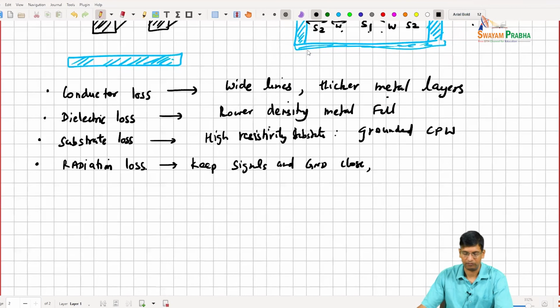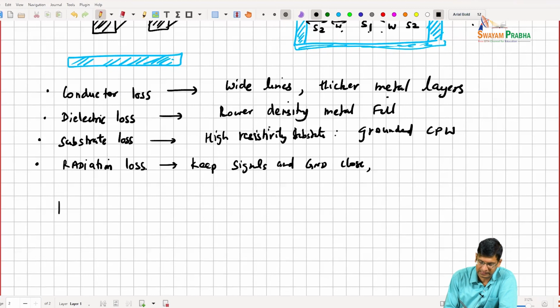So these approaches get us to the point where on chip, the kind of losses that we see are approximately 1 dB per millimeter at 60 gigahertz.